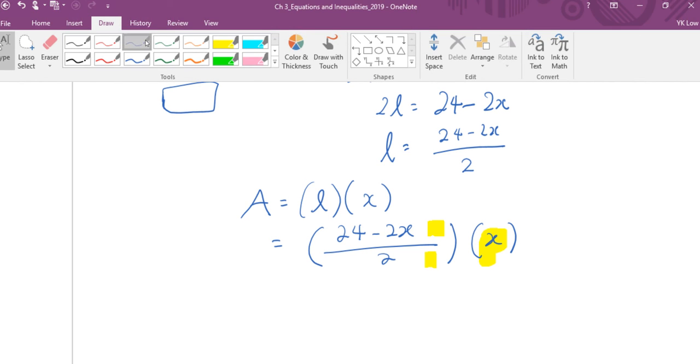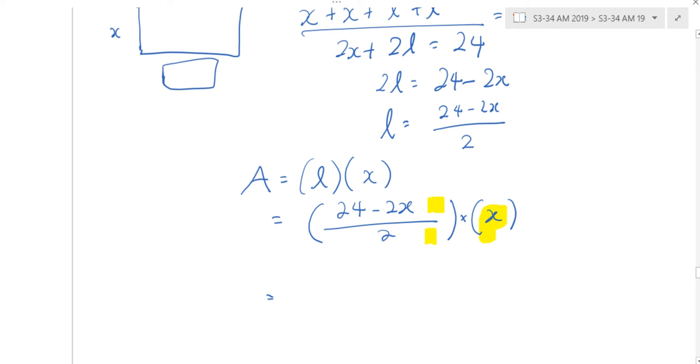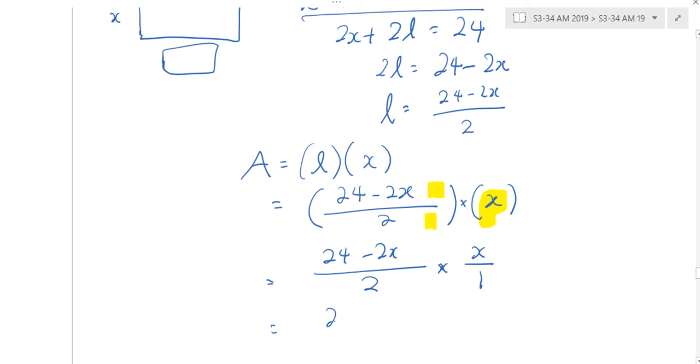Do I need to make the denominators the same? No need, because this is multiplication. Bottom is wrong, top and bottom is wrong. It's just the top. When I multiply two fractions together, it's top times top, bottom times bottom. Therefore, the final answer will be 24 minus 2x, times x, over 2.